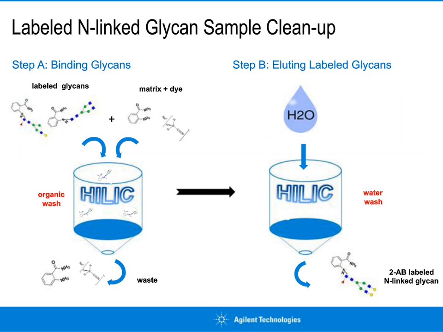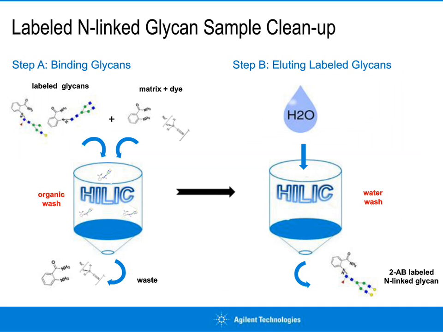Reviewing this process and taking a more detailed look specifically for labeling cleanup, we see the crude to-be-cleaned labeled glycan mix contains excess dye and matrix. This mix is first passed through a HILIC sorbent that will bind the labeled N-glycans while the dye and matrix are removed with an organic wash. Again, in HILIC separations, the labeled glycans stick to the HILIC sorbent while the organic solubles pass through into the waste stream.